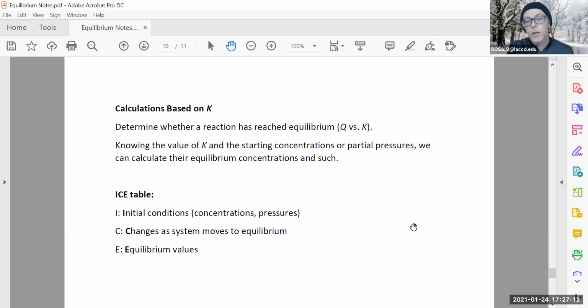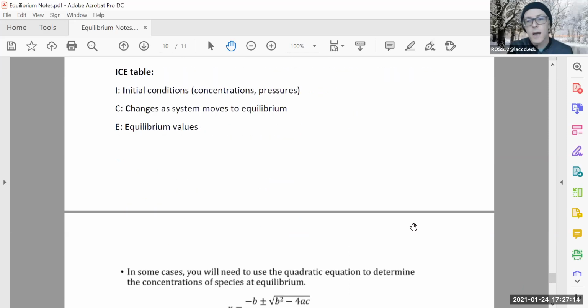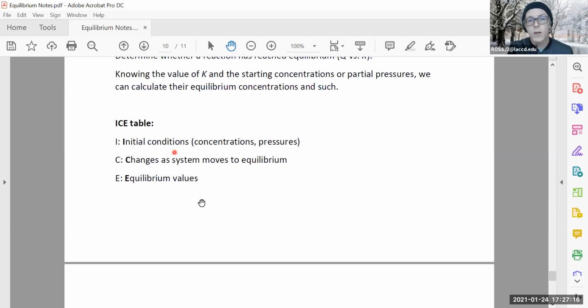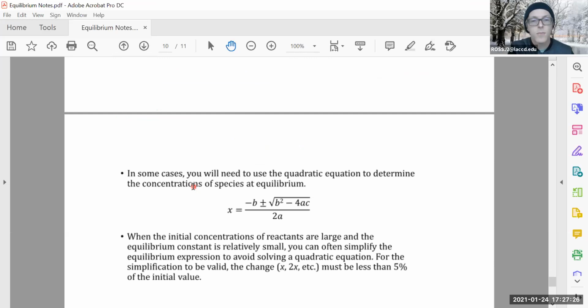And then eventually we're going to do some calculations where we would construct ICE tables, where ICE is an acronym for Initial Change Equilibrium. The next video, we'll look at some examples where we use ICE tables. And then just a heads up, you are going to have to remind yourself about the quadratic equation. This is something that you'd have to know and be able to use.